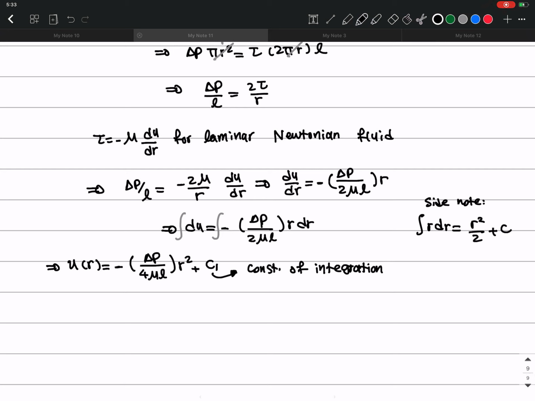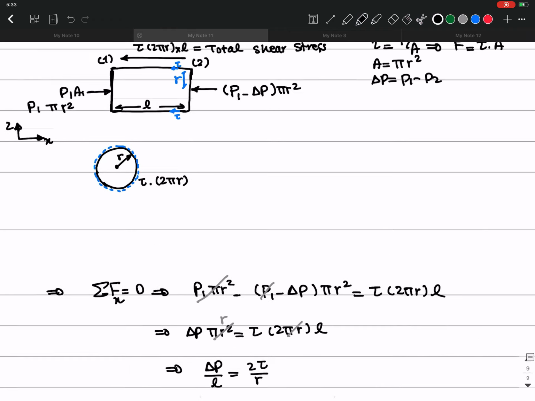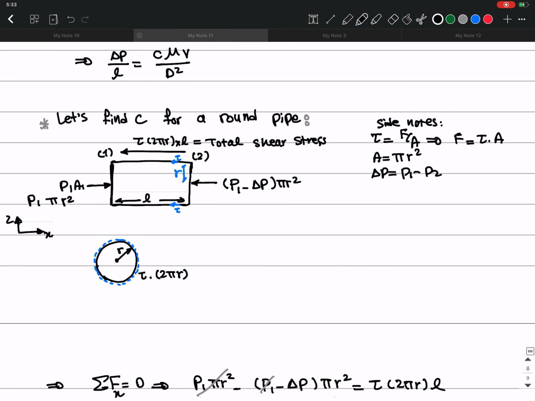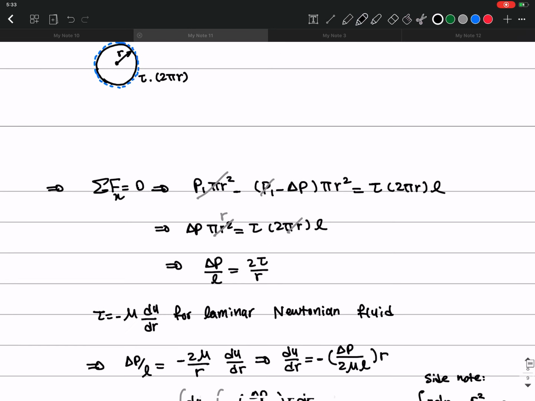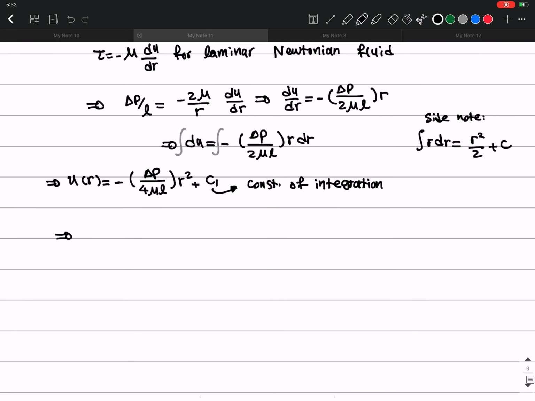And so now I can calculate the whole Q, which is the flow rate here. It's going to be u times dA. Okay. So this is the u of r, which shows the velocity distribution with respect to radius.